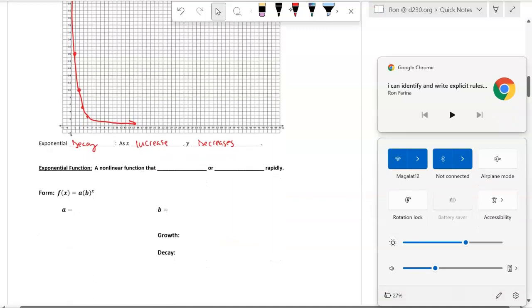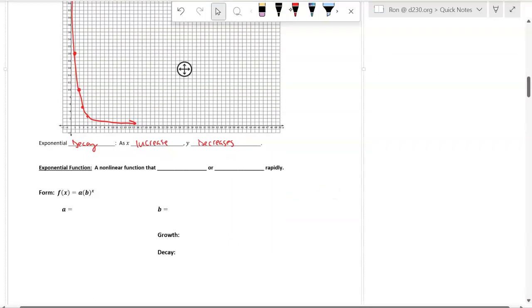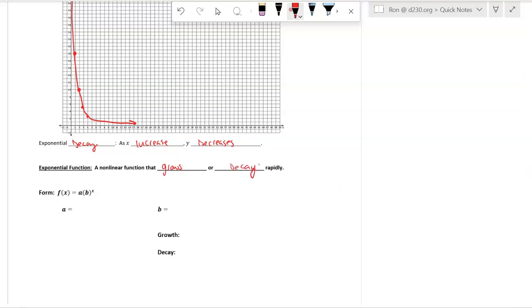So that's why we say an exponential function is a nonlinear function that grows or decays rapidly. We say A is your initial amount, or we could say that this is the y-intercept, 0, a. Your B is basically your common ratio, and it also tells us if it's going to be growth or decay.